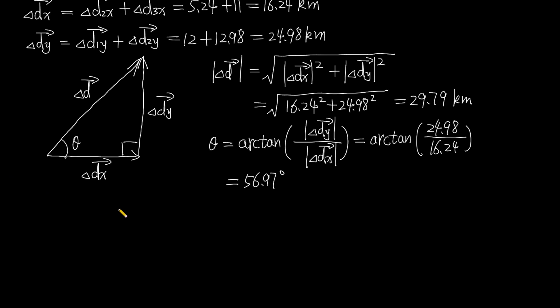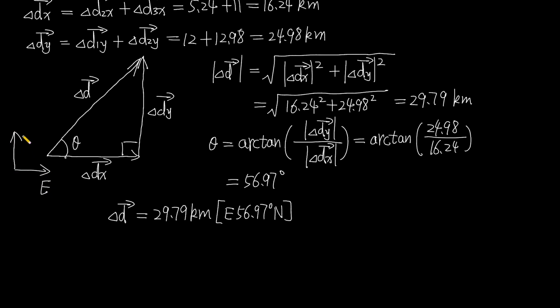Now we can get the total displacement delta D is 29.79 kilometers. Then the direction is east, 56.97 degrees toward north, because this direction is east and this direction is north.